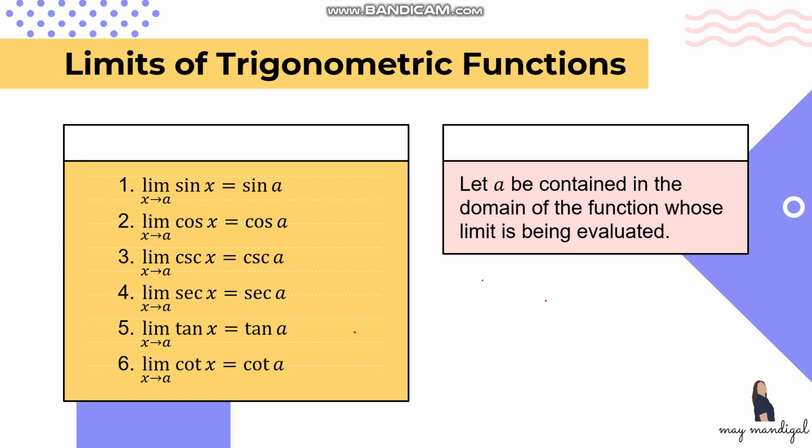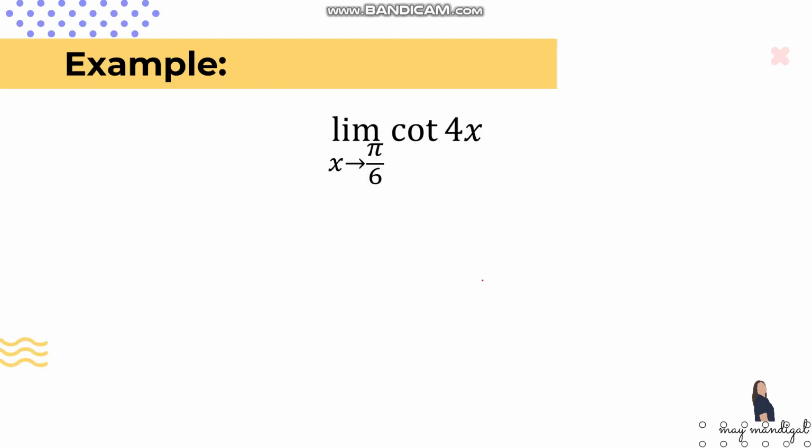So, for example, limit of sine x as x approaches a, that is just sine of a. Limit of cosine x, that is just cosine of a, and so on. So, again, for the limits of trigonometric functions, we will just substitute. And of course, we have to apply the rules on how we evaluate trigonometric functions.